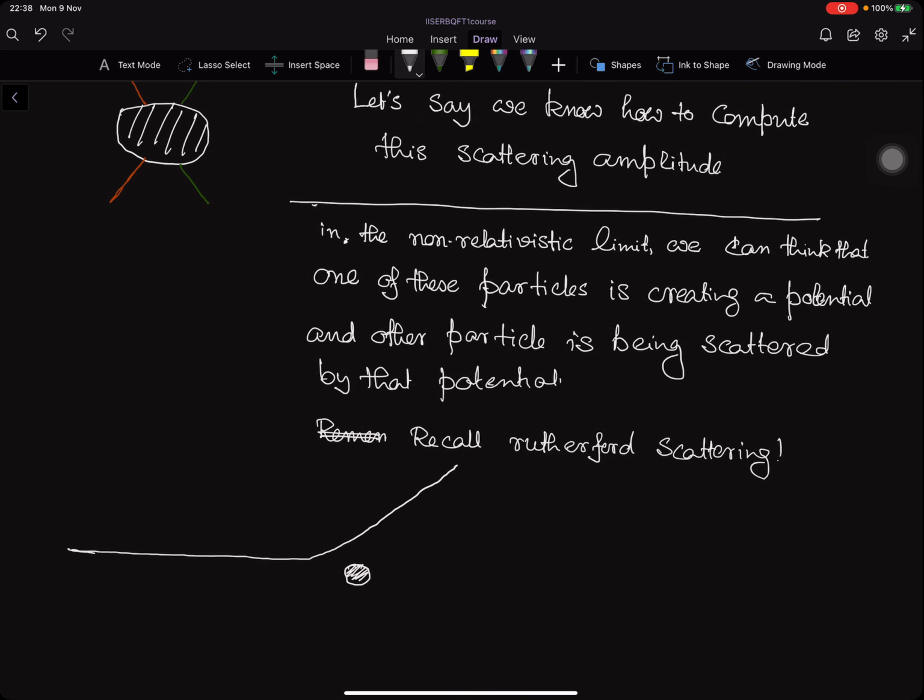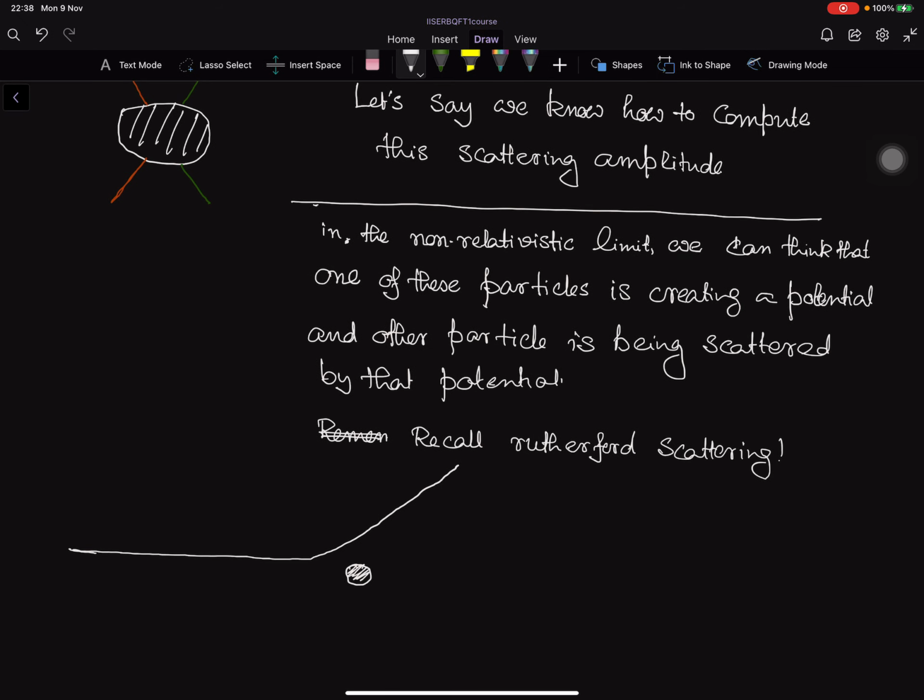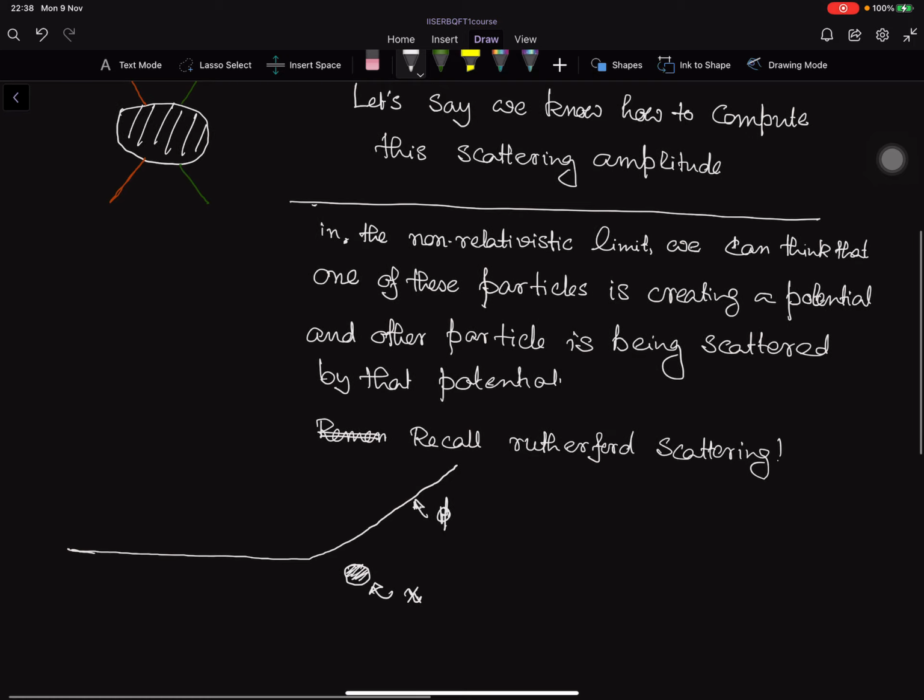So in the language of quantum field theory, you can think that this is like my chi particle, and this is like my phi. Okay, this is the basic idea.